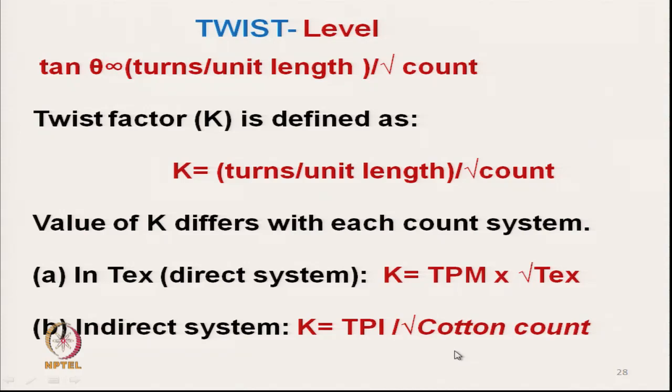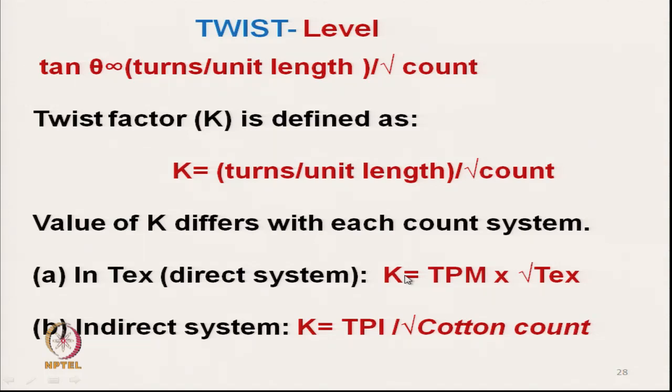In that way we can get the twist multiplier, which gives the idea of twist angle. So, twist factor is defined as the twist per unit length divided by yarn count in the indirect system, and in the direct system it is twist per meter or twist per centimeter and yarn tex.